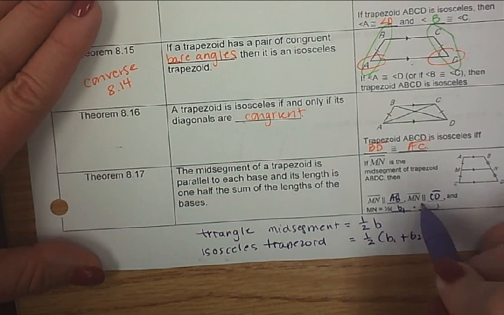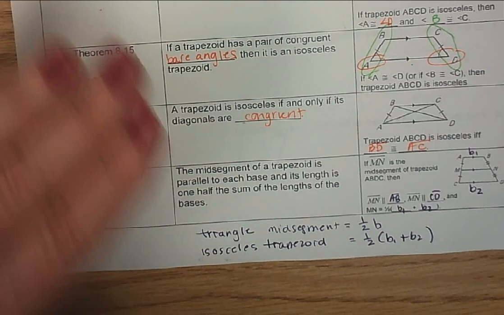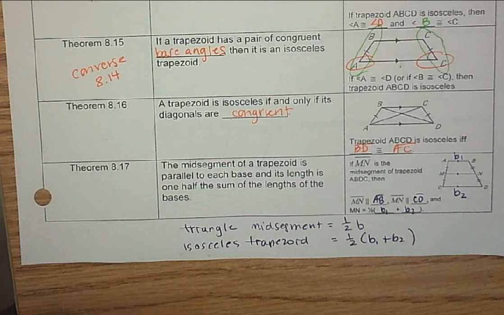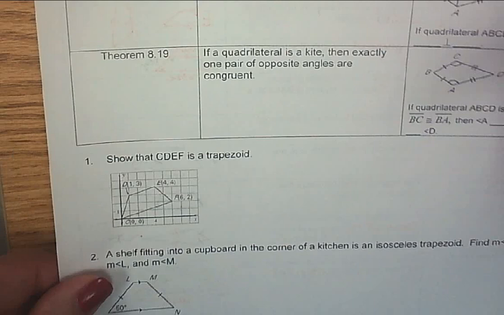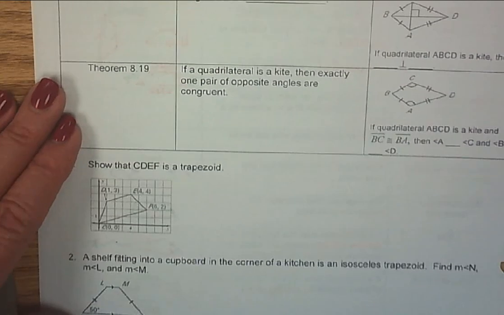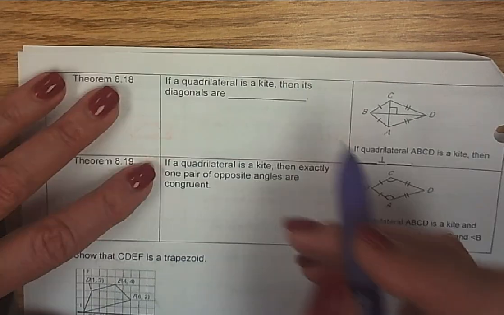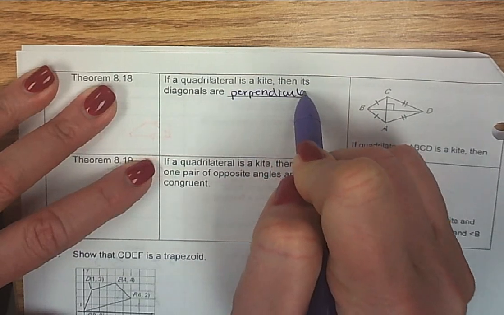We need to talk about our kite, because we haven't talked about our kite yet. So, with our kite, if a quadrilateral is a kite, then its diagonals are perpendicular, which means I've got the right triangle. Now remember, when I've got the right triangle show up, then I have my friends show up and they come to the party, the Pythagorean theorem and my SOHCAHTOA. So my trig functions and my Pythagorean theorem probably will get used to find a diagonal or find a side depending on what information is given.